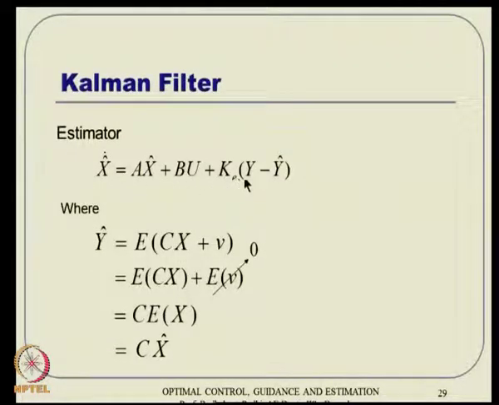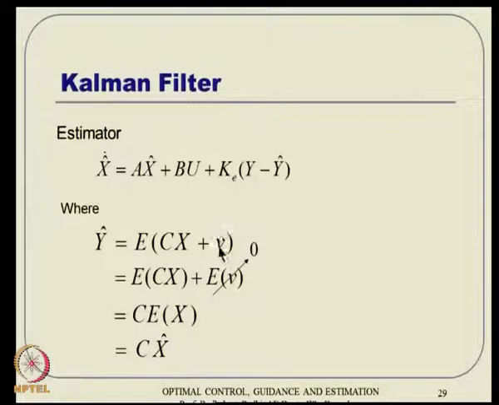So, coming back, this is the estimator dynamics. It has A x hat plus Bu plus K times y minus y hat, where y hat is the expected value of Cx plus v. By definition, y hat is the expected value of this. The expected value is a linear operator, so we can expand this.